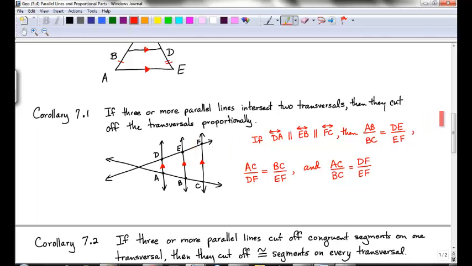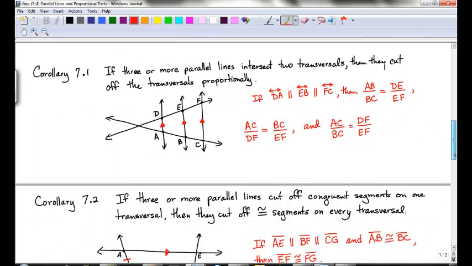That's one way to write it. AC, this whole thing, is to DF, this whole thing, as this part BC is to EF. That's another way to write it. And the last way, AC, the whole thing, is to just one part BC, as DF, the whole thing, is to just EF. They are in proportions. So there's three ways to write the proportions on that.